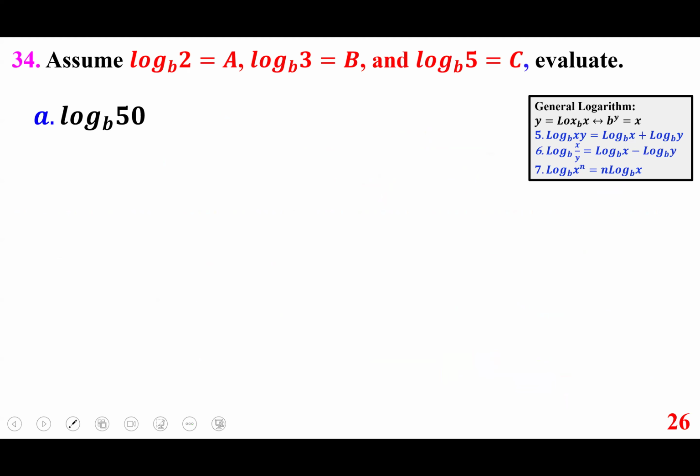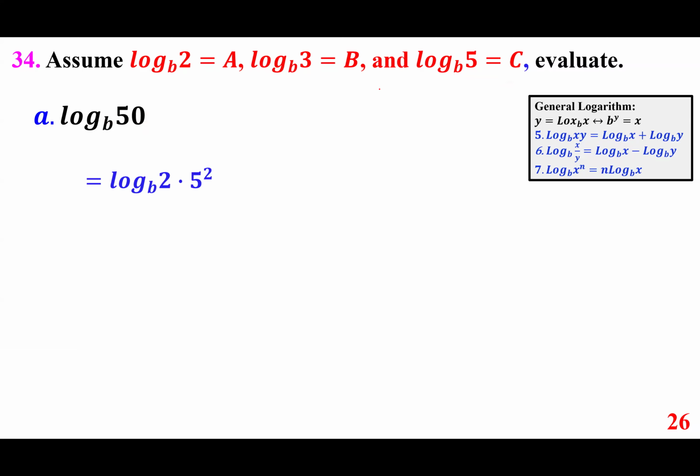Now, we want to find log 50 base b when log 2, log 3, and log 5 base b are given. When that happens, class, you have to cut this into pieces so it contains only those factors, 2, 3, and 5. And I hope you know that 50 is 2 times 25 or 2 times 5 squared. I mean, you can factor it.